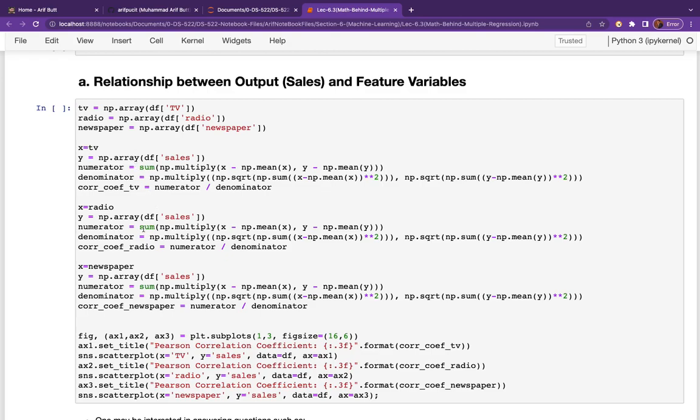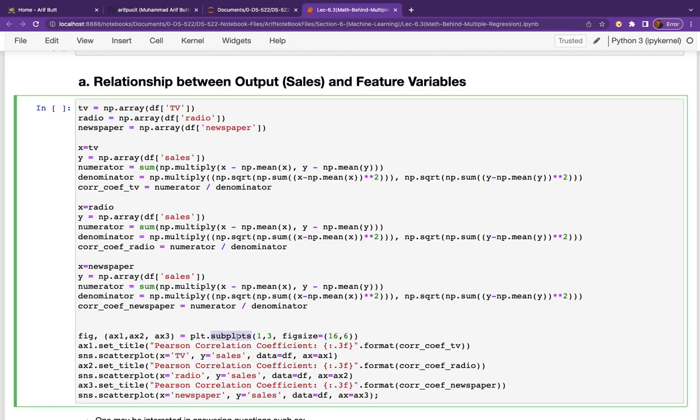The new thing is that over here I have used this subplots method of the pyplot module of matplotlib by specifying the number of rows and columns, and this method returns a figure object and axis objects in tuples with one tuple for each row in the grid. Then I have simply used the scatterplot method of Seaborn by passing it the x, y, the data frame, and the axis object. So I hope this makes sense.